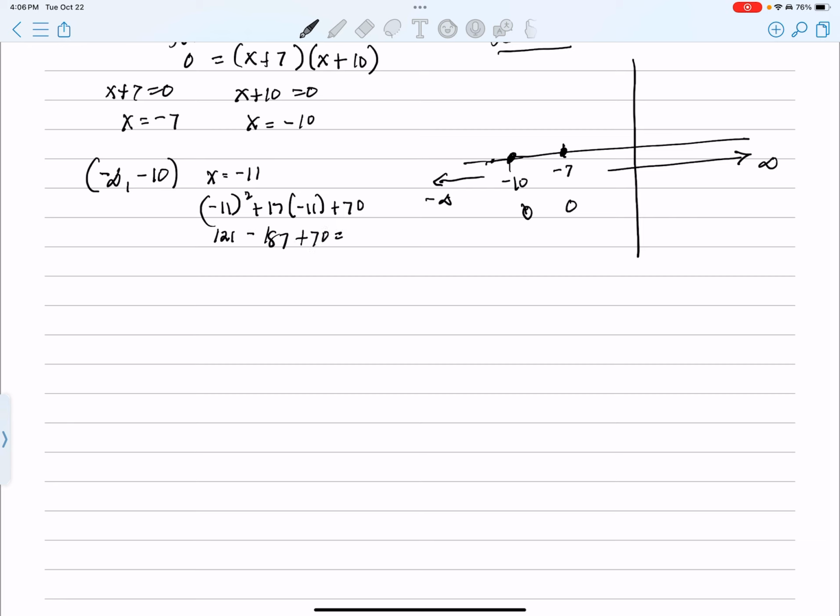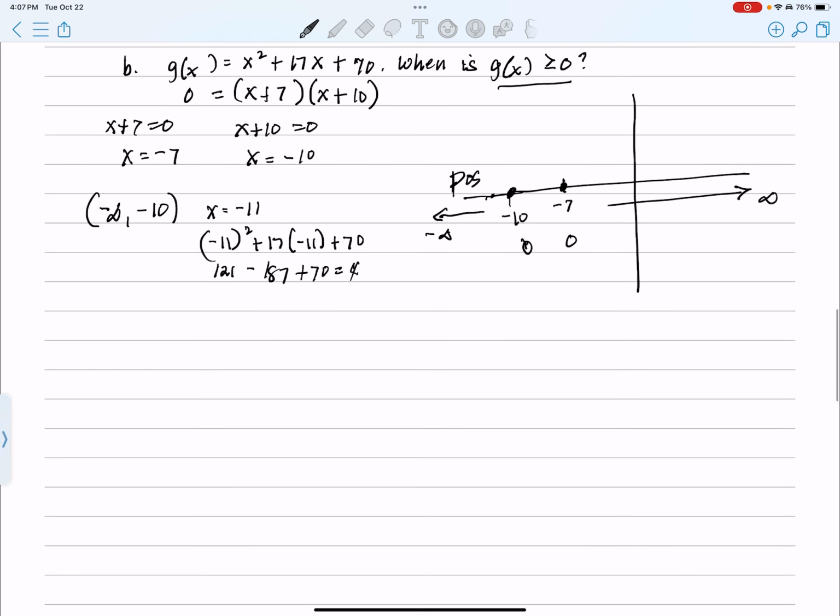You add 121 plus 70, 191, minus 187, and you come up with 4. So that means the interval here is positive. When you plug into the function itself, the values are positive.